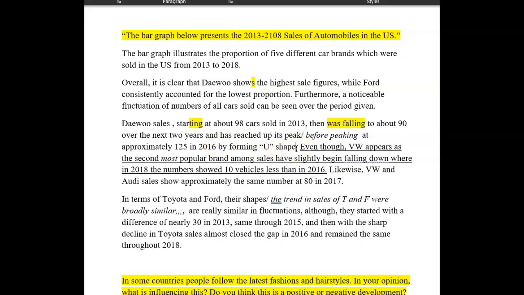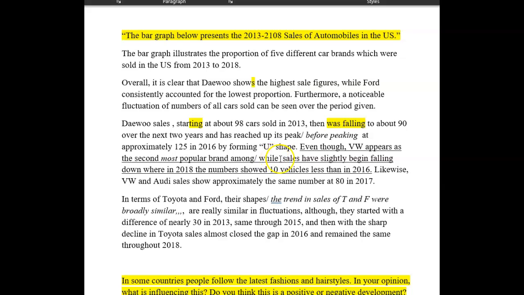That was interesting. Okay, this sentence, I can't make out this sentence. I think that is probably the wrong word, but I can't quite work out what you want to say. So VW appeared as the second most popular brand among sales with sales, or where, while sales, maybe.